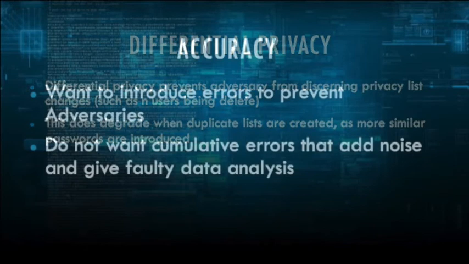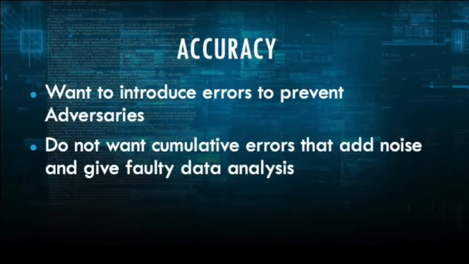While we do want to obfuscate the data in a way which prevents it from being reused or gleaned for more personal information, we also want to minimize the cumulative errors when making this differentially private. We want to introduce password error, but not cumulative errors that will change the data or increase the noise of our information, because we do not want to make the data inaccurate.